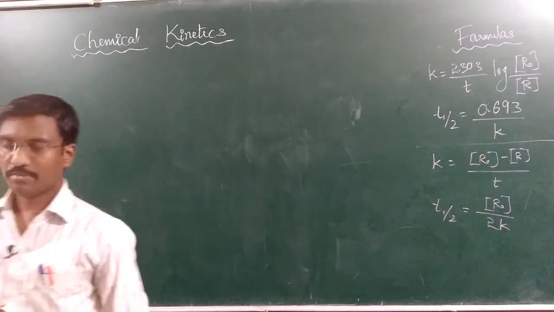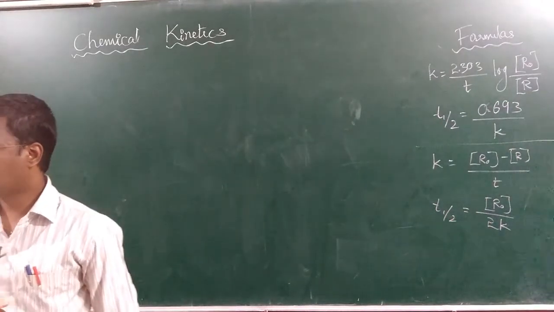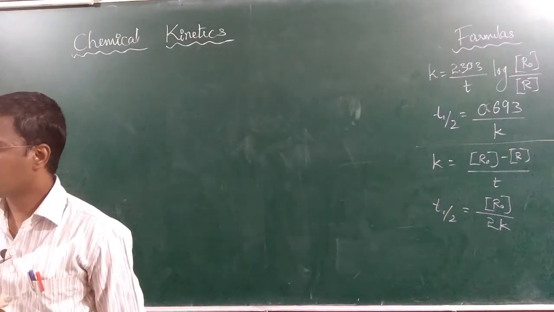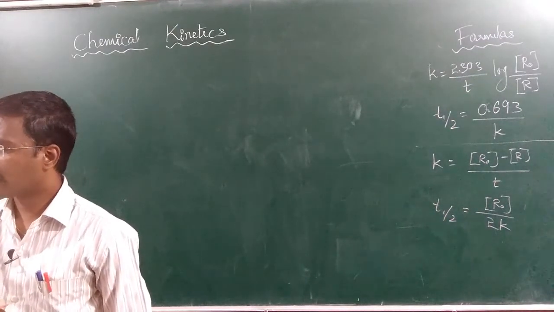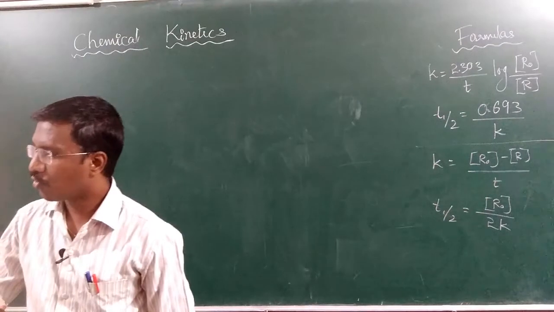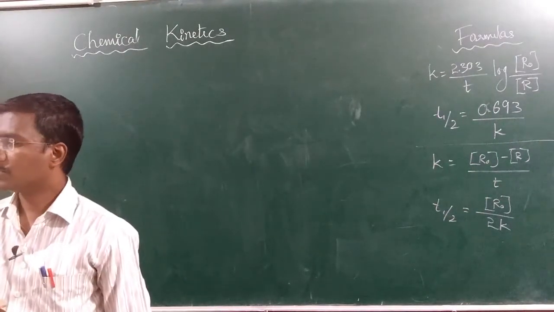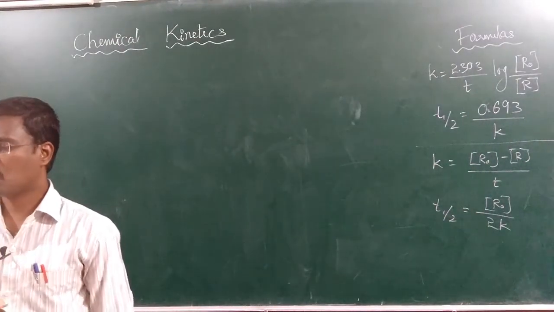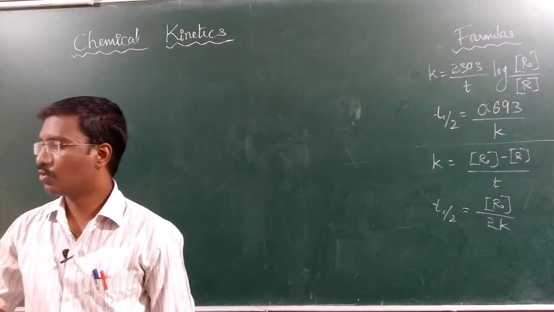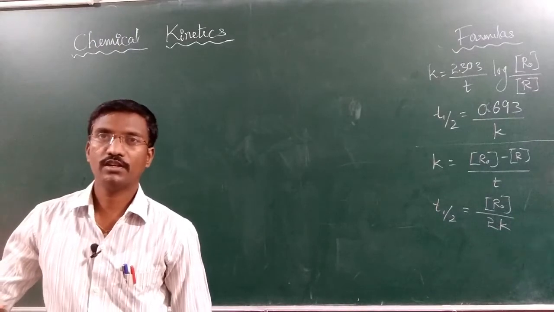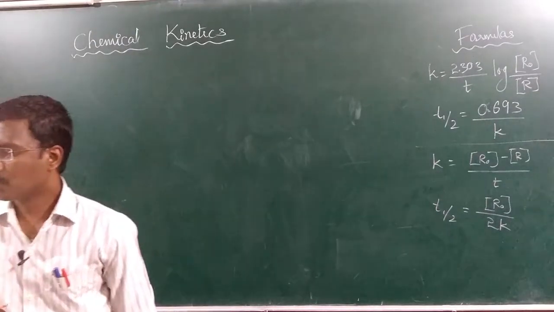The first problem is: calculate the time in seconds for the decomposition of N2O5, which follows first order kinetics, when the concentration of N2O5 drops from 0.1 M to 0.01 M. M means molar, and given is the rate constant K equal to 6.22 into 10 raised to minus 4 per second.